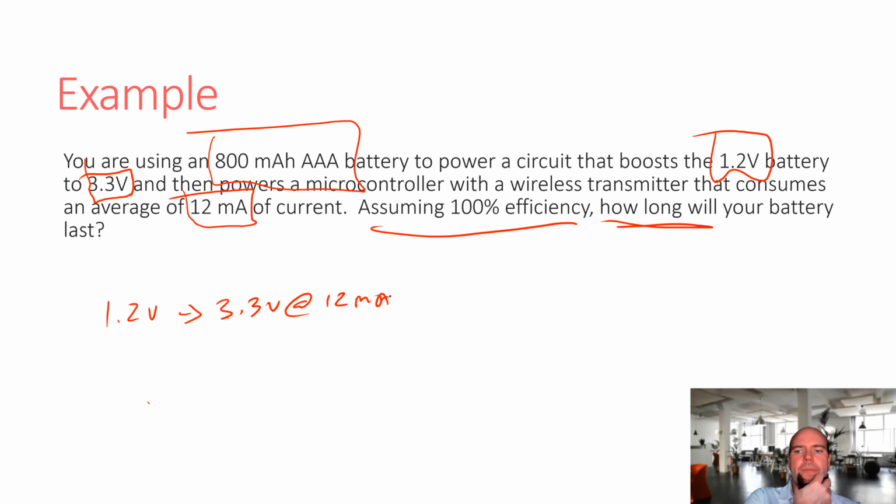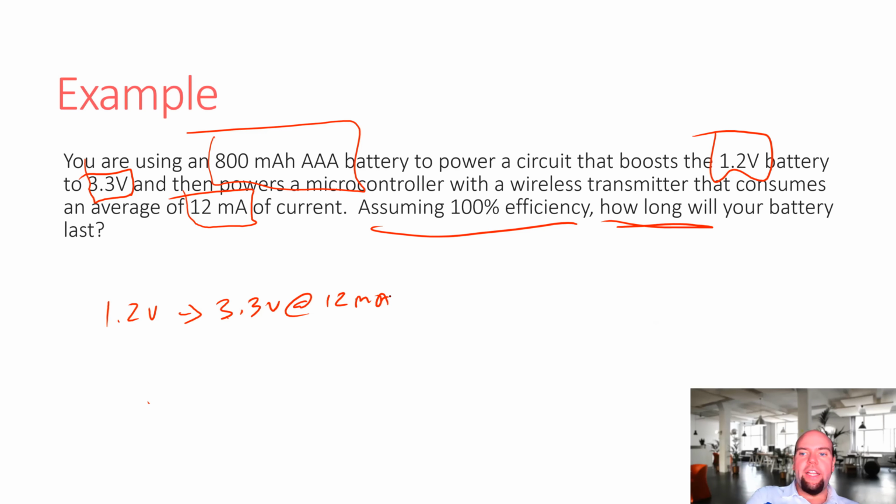The output's going to be 3.3 volts at 12 milliamps. Now, with boost regulators, if you have a low voltage input and a high voltage output, you're going to have a high current input and a low current output. To quantify that, if we say this is 100% efficiency, the power in is going to be the power out.